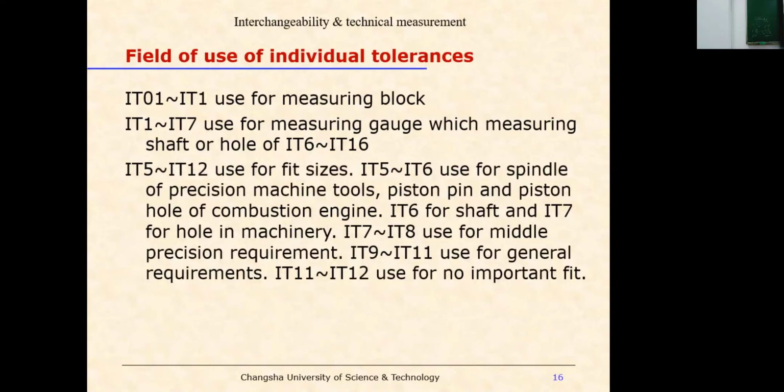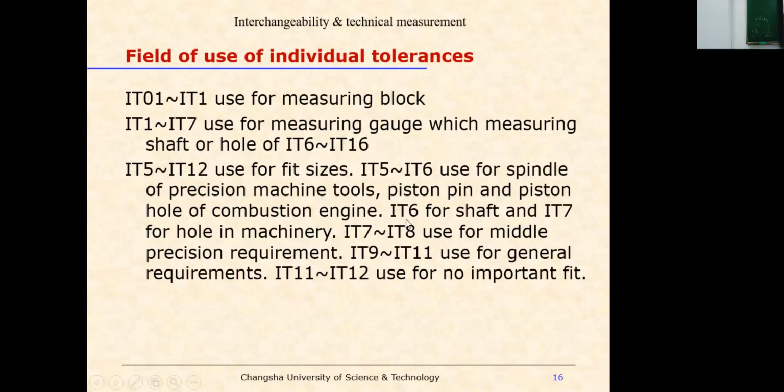IT5 to IT6 is used for spindles or precision machine tools, a piston pin and piston hole of a combustion engine. That is a very common example. So IT6 for the shaft and IT7 for the hole in machinery.